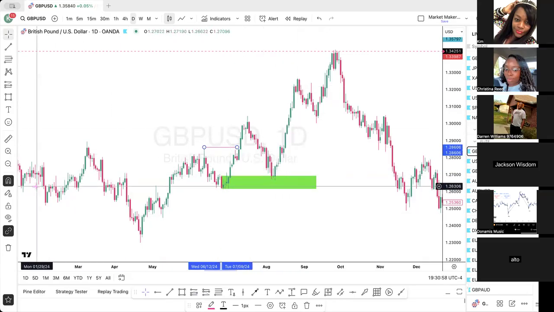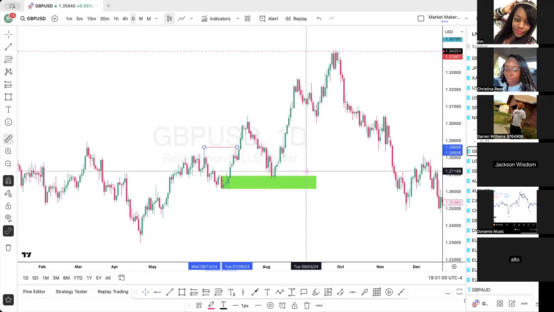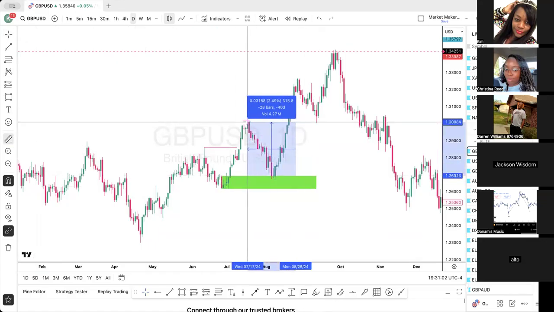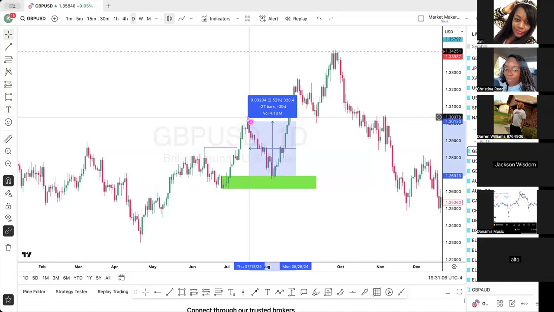You can either take it up to the high. That's perfectly fine because if price is going to turn around, it's likely going to come up here, either create double tops, then maybe sell. If it's going to keep going, it's going to keep going.